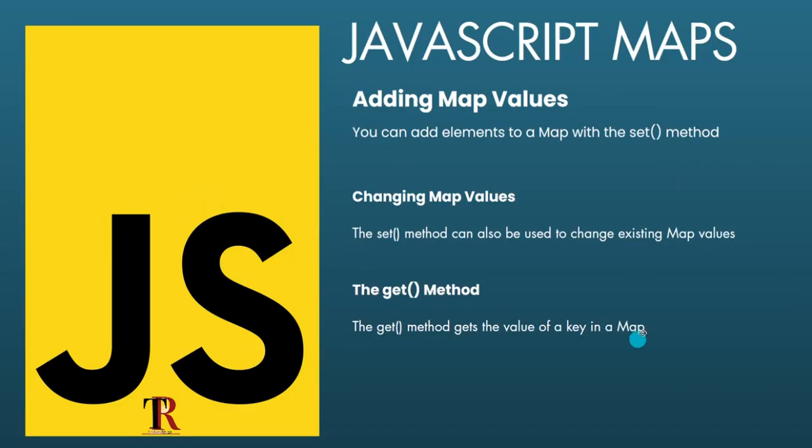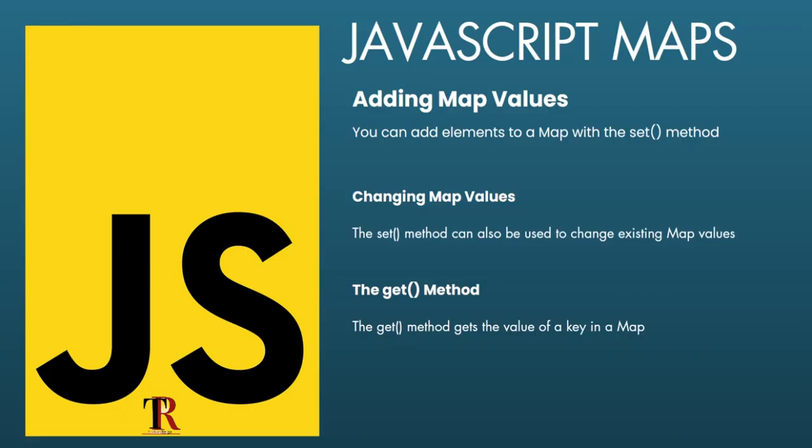So the get method gets the value of a key in a map. If you look at the previous two examples that we've talked about, when we added elements to a map with the set method, and when we used the set method to change existing map values, you'll notice that at the point of getting the outputs to let us know that what we claim we have done is actually done, we employed the get method to get those two things out as an output.